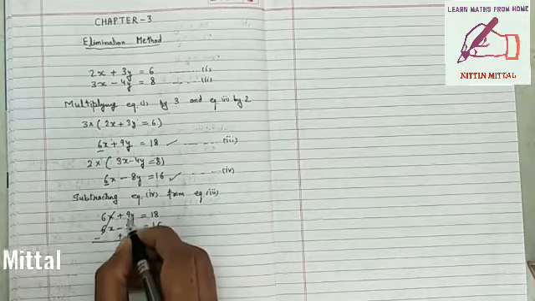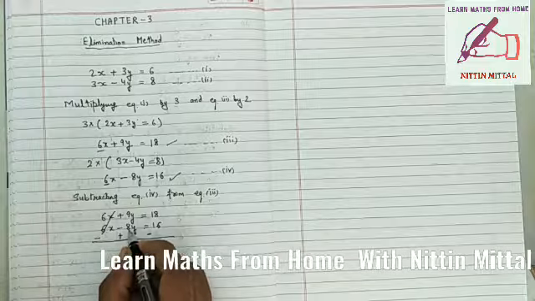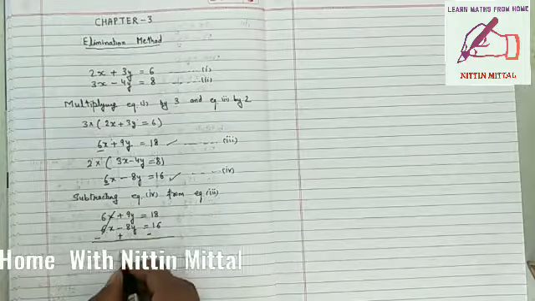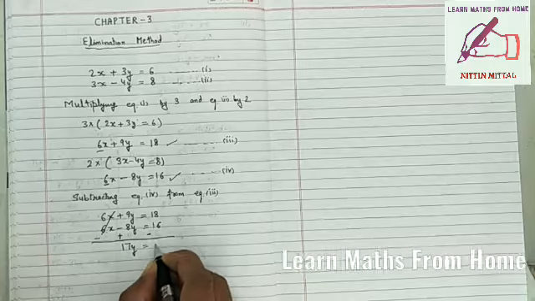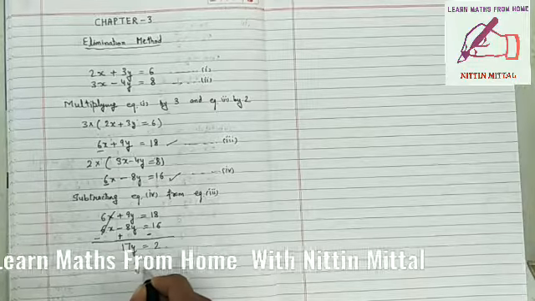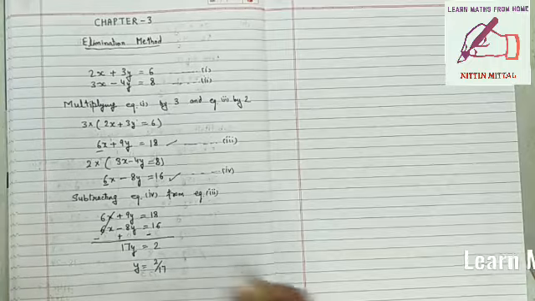Now 9 is positive, and the sign of 8 is not negative now, it is positive. So 9 plus 8, 17y equal to 2. So y is equal to 2 over 17.